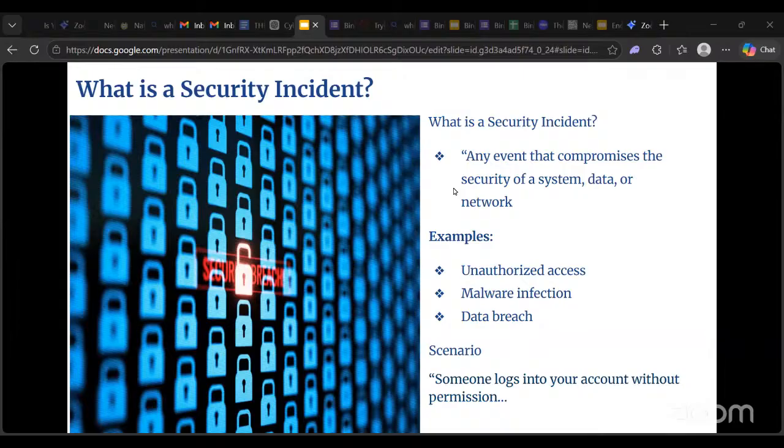Please note that not all problems are security incidents, but anything affecting security is. Anything that can affect the confidentiality, integrity, and availability of data is called a security incident.